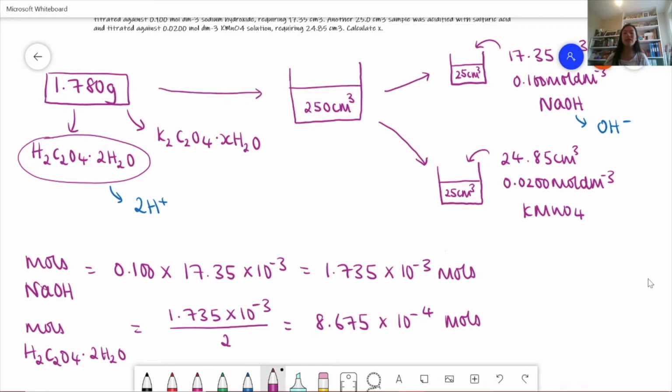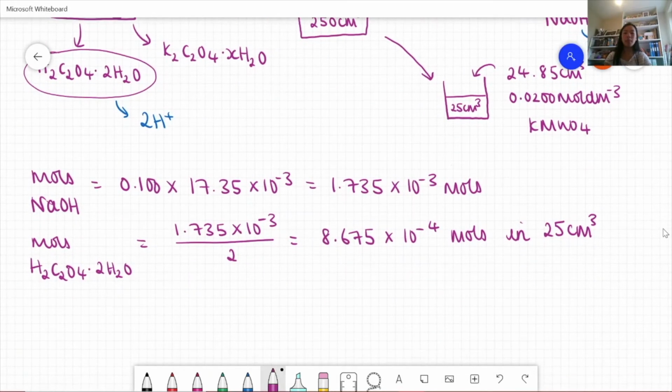And now there's something really, really important that we need to remember, and that's that this is just in 25 centimeters cubed, because we only titrated 25 centimeters cubed. So this is something really key that we need to remember. And this means that to find the number of moles of ethane dioic acid in the 250 centimeters cubed, we need to multiply this number by 10.